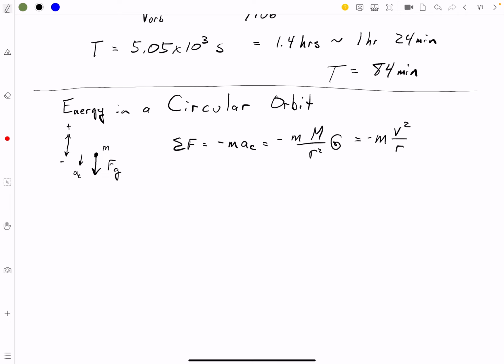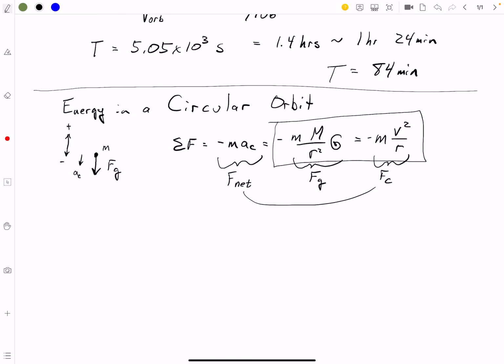So this one is our force of gravity. This one is our centripetal force. And the same as this because that's our force net. And these two are the same. So we've got our equation technically right here.